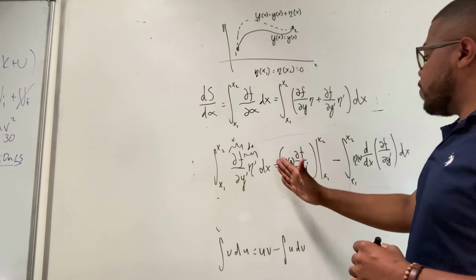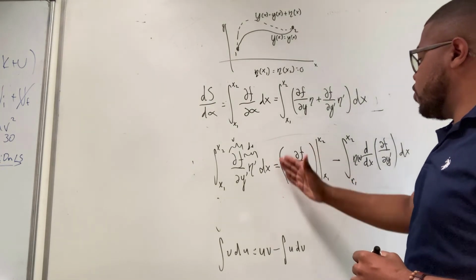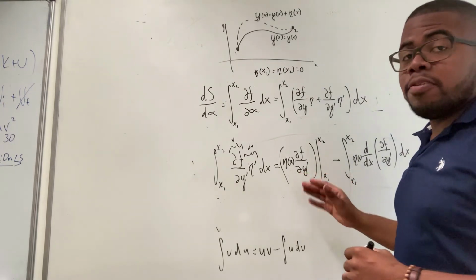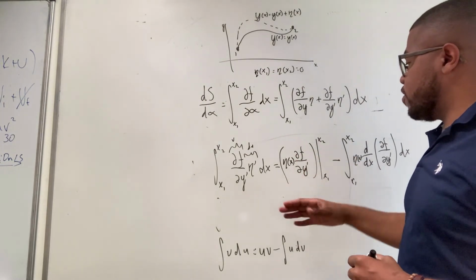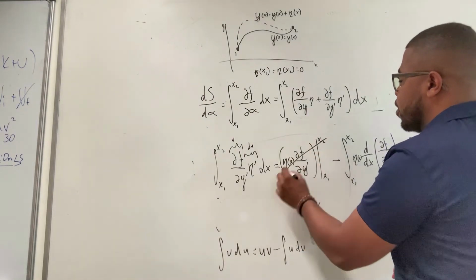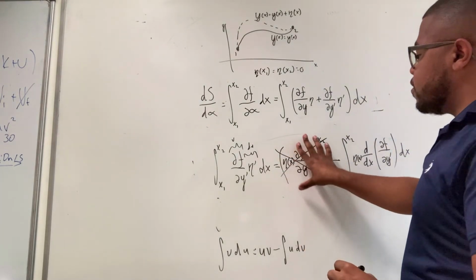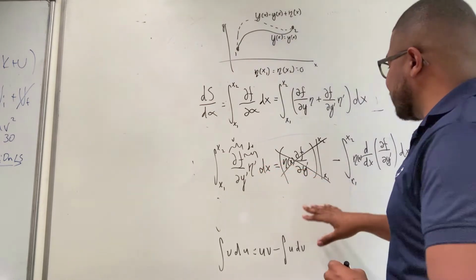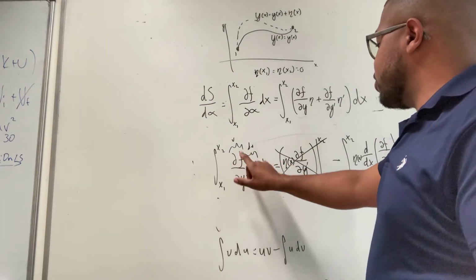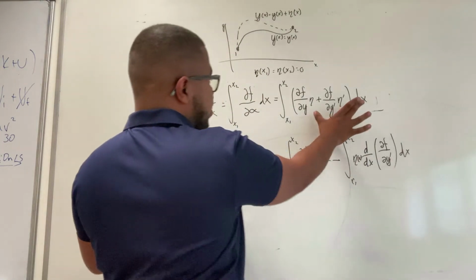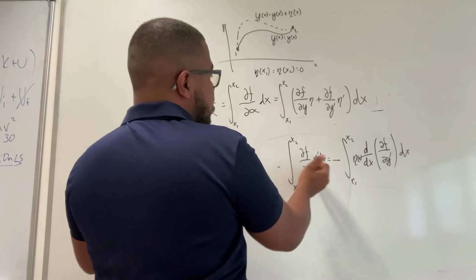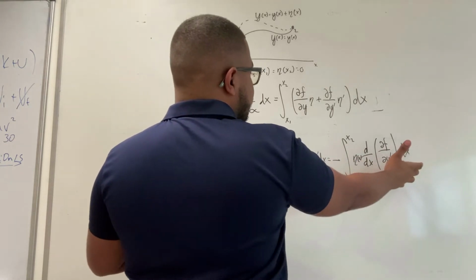That means we have eta of x2 times this, which is 0 times this, 0, minus eta of x1 times this, which is again 0 times this, giving you an overall value of 0, meaning that this falls out of the expression as well, which is very nice. So in essence, we are left with this whole second bit right here of ds d alpha being written as the following expression.